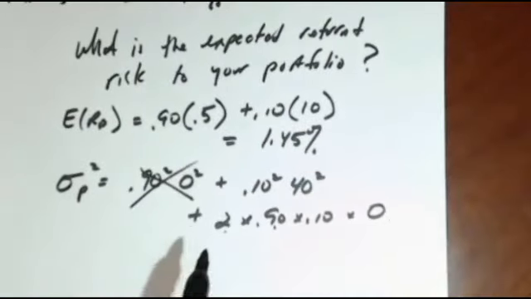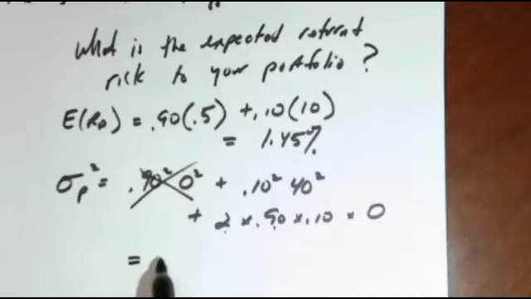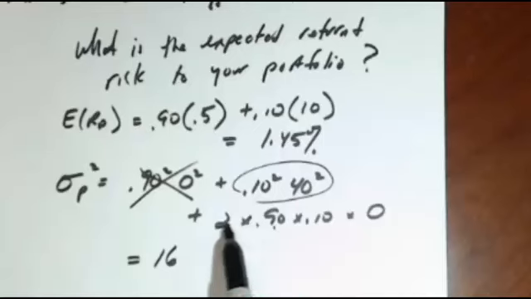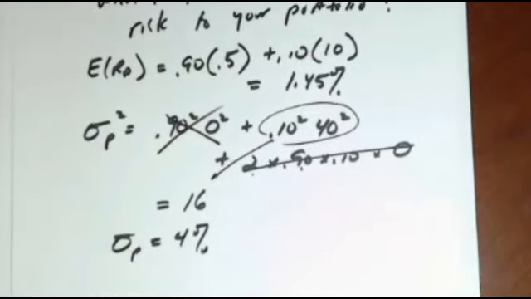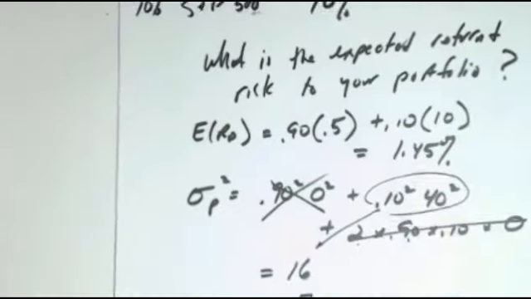So this boils down to 16, this term. So this cancels out. This boils down to 16, and we got the standard deviation of the portfolio to be 4%. So we can graph that now and see what we get.